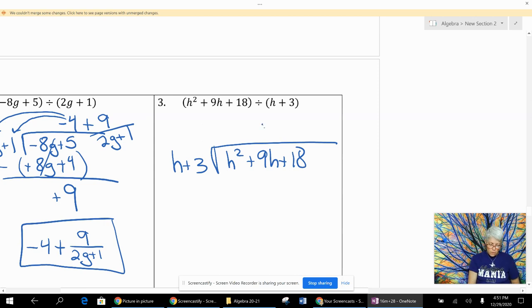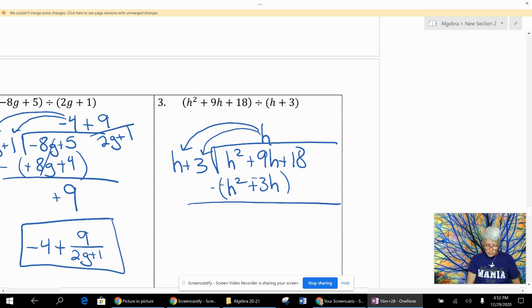All right, I'm going to put that over the 9h, because those are like terms. h times h is h squared. h times 3 is plus 3h. Now, when I subtract it, it changes all the signs. These will cancel, and this will become 6h plus 18.